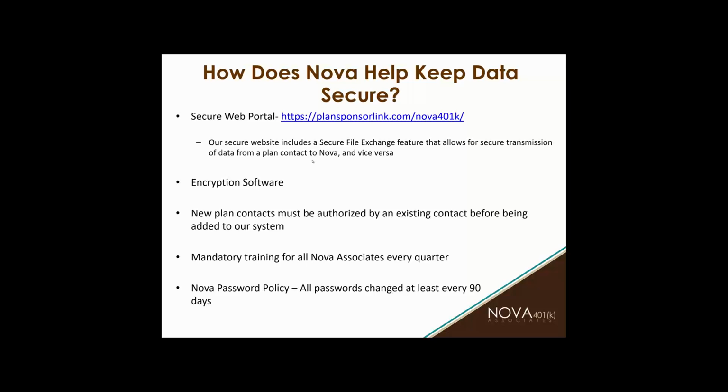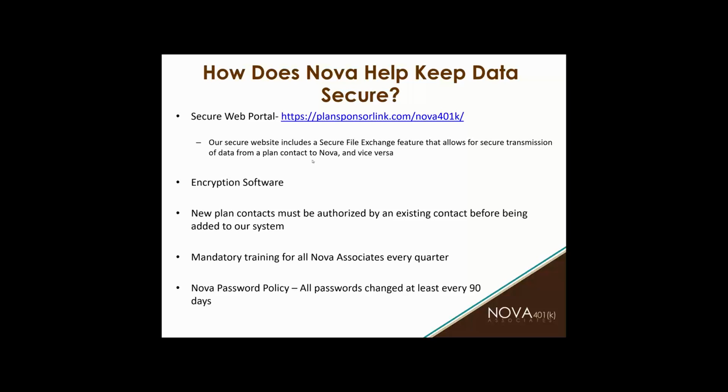Plan Sponsor Link, as soon as you hit send, will send me an email to say, hey, a file's been uploaded to my secure file exchange for me to then log in and download it. So you don't even have to email me that you sent me that data because I've already gotten that email. So really cool feature. Help yourself, help us, help your employees, and please utilize this feature as much as you can.